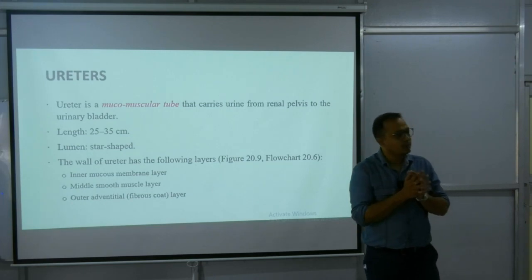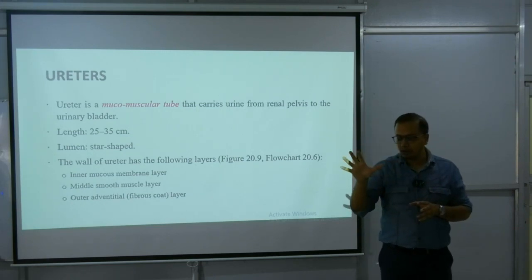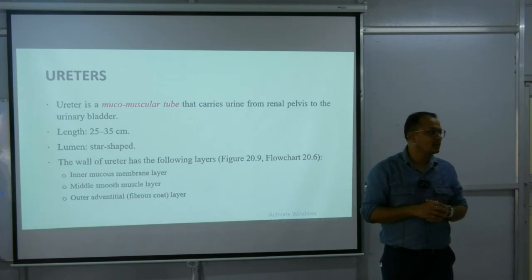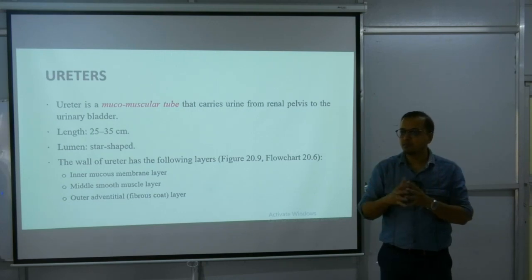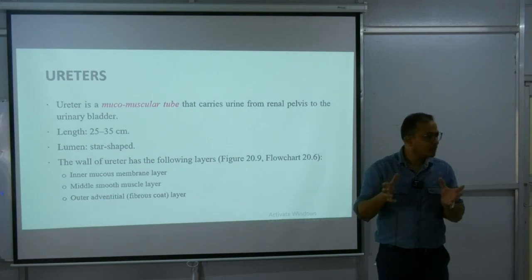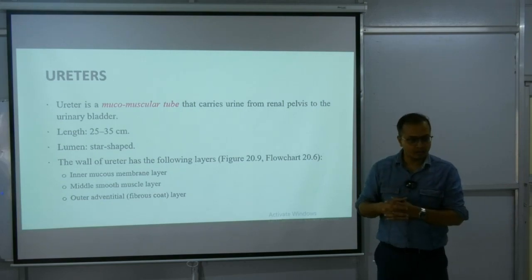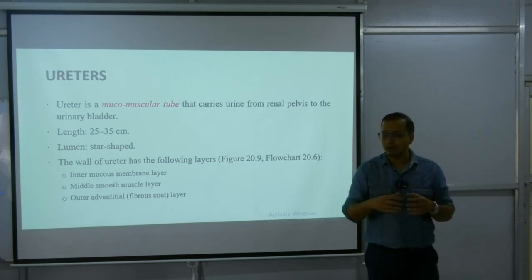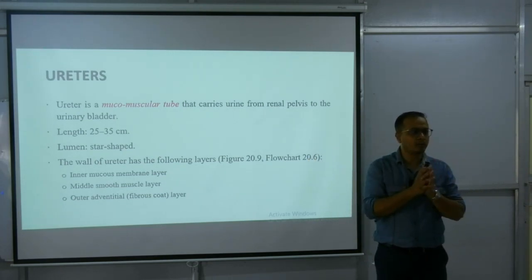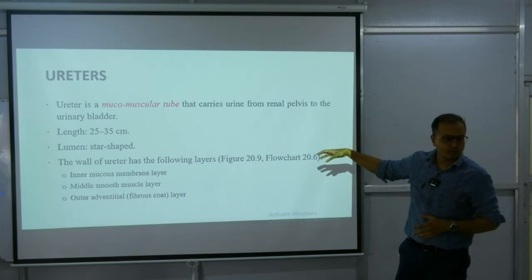Now, we have seen the kidney, and the kidney is draining urine out through the sinus system. The sinus is fitted with an element which collects it, we call them minor calyces, which are small elements, then joining to the minor calyces are the major calyces, and the major calyces join to form the big ureter, which comes out like this. The ureter has different parts, I am not going into it. So, this is how it goes down and empties into the urinary bladder.